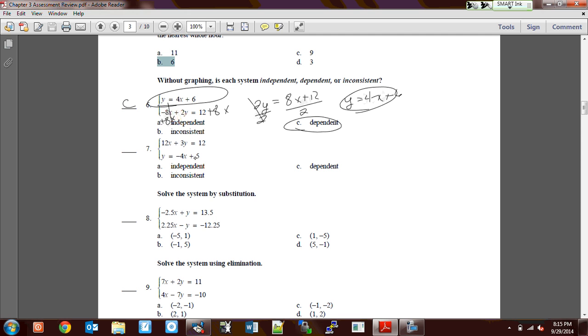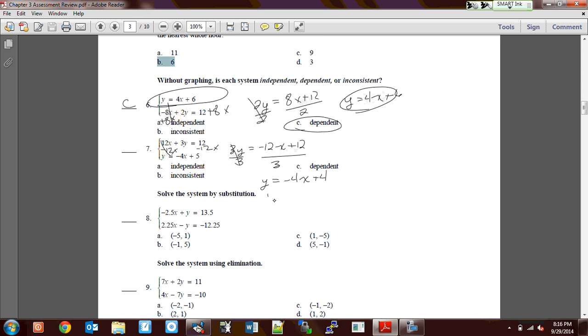All right, number 7. Let's solve this one for y. So minus 12x, minus 12x. So we have 3y equals negative 12x plus 12. Divide by 3, divide by 3. So y equals negative 12 divided by 3 is negative 4x, and then 12 divided by 3 is plus 4.